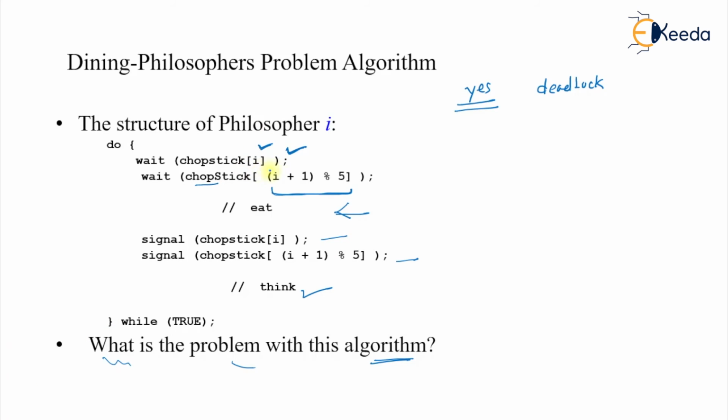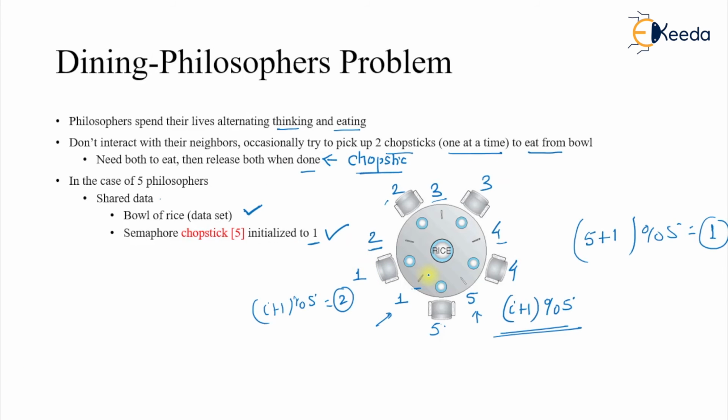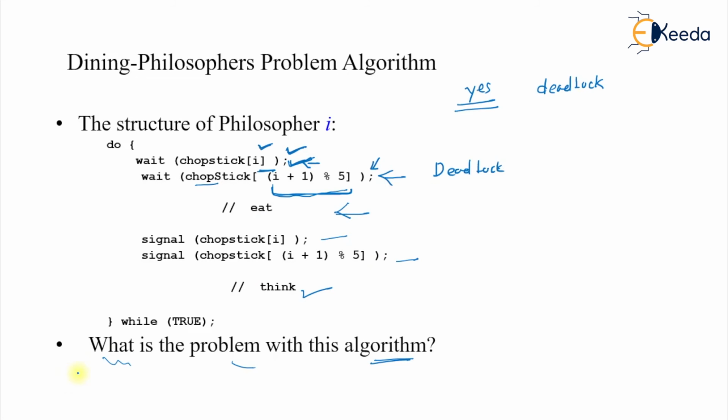Everyone will execute the first wait statement on chopstick I. Then when they come to the next statement, they will all get stuck, leading to deadlock. For example, 1 grabs 1 and then tries to grab 2, but 2 has already put a lock on it. So this will lead to a deadlock situation.